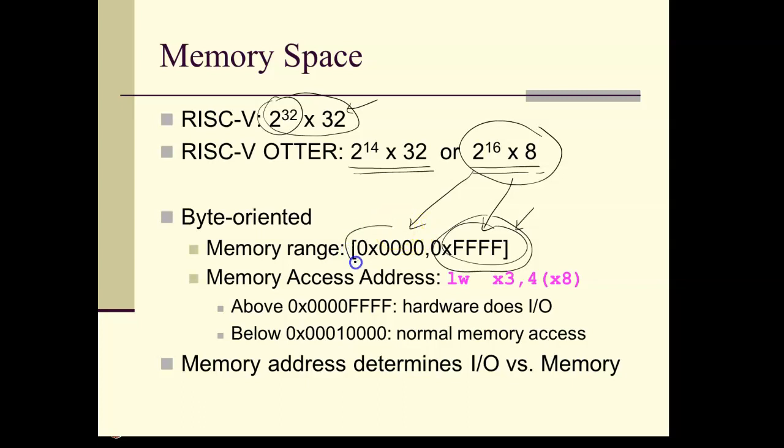Once again, if my load or store instruction uses an address in this range, then it is a memory access instruction. If the address is above FFFF, then that is an I/O instruction. The hardware is going to interpret that for us. In the end, it's the memory address that determines whether the particular load or store instruction is a memory access instruction or an I/O instruction.